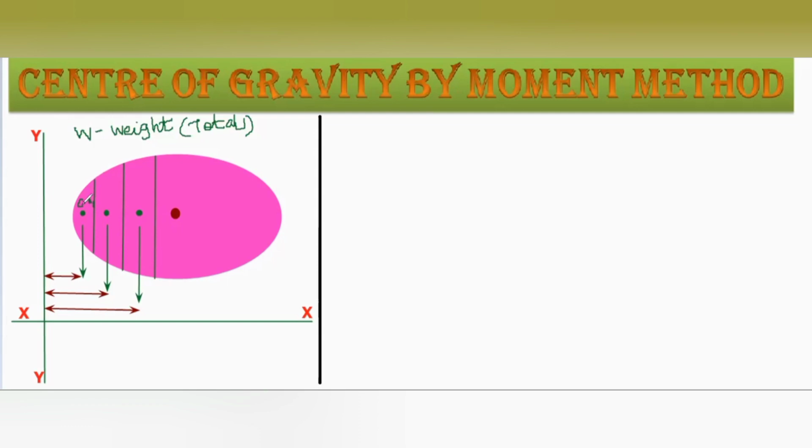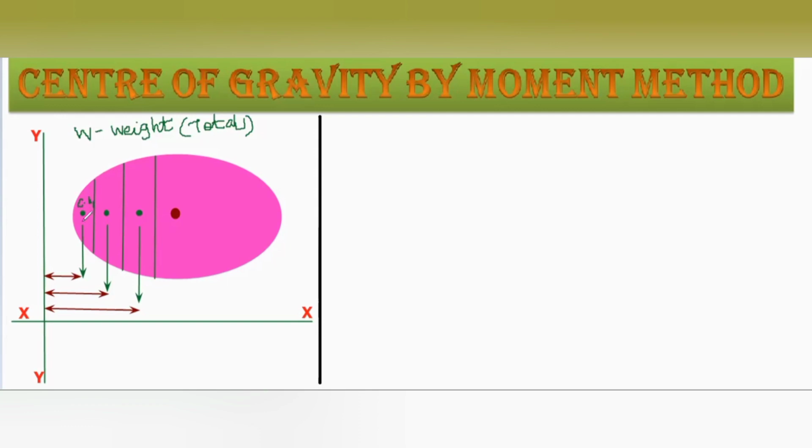We know that mass will be concentrated and act vertically downward. That means the mass is concentrated at the particular point CG, and the weight will act exactly downward from the center of gravity.